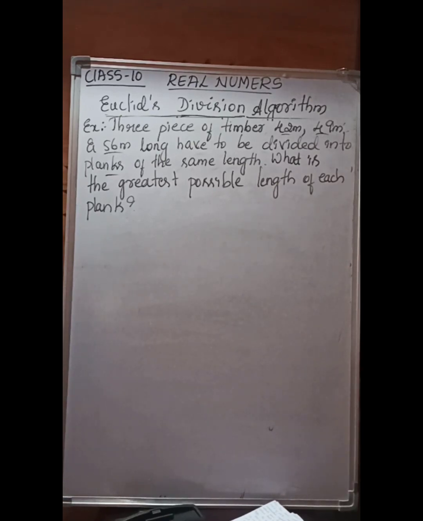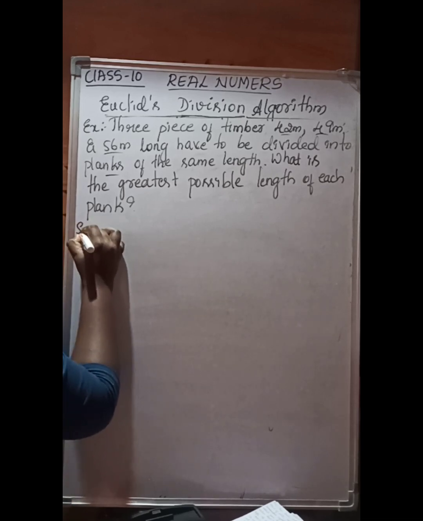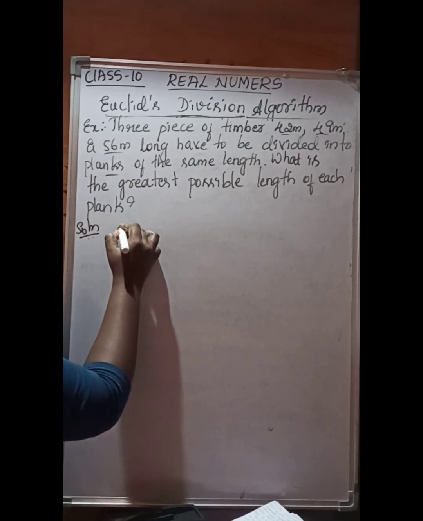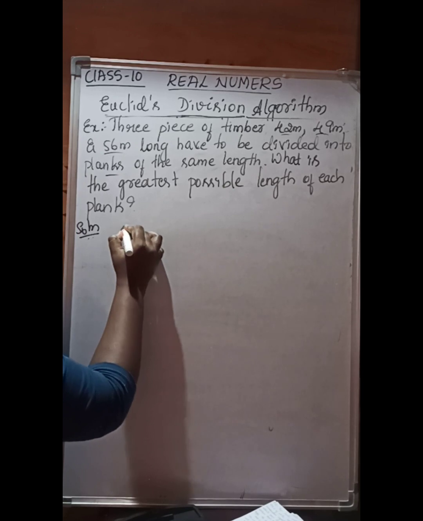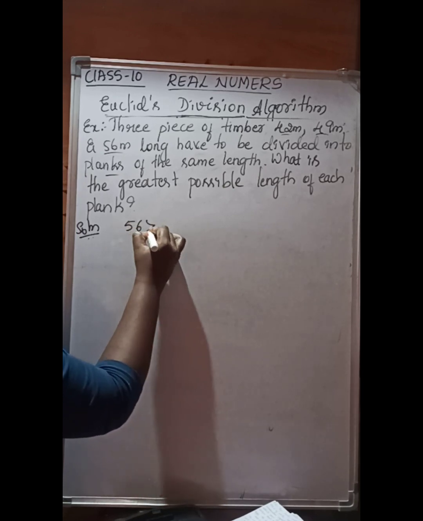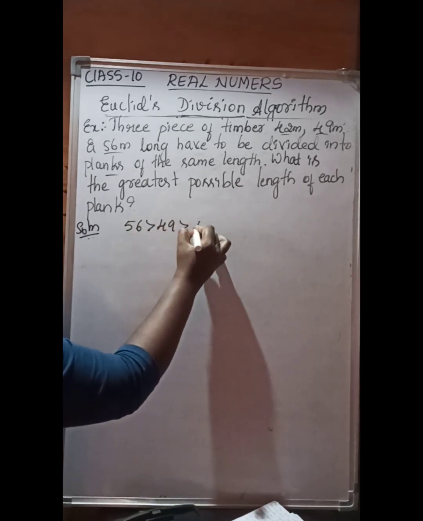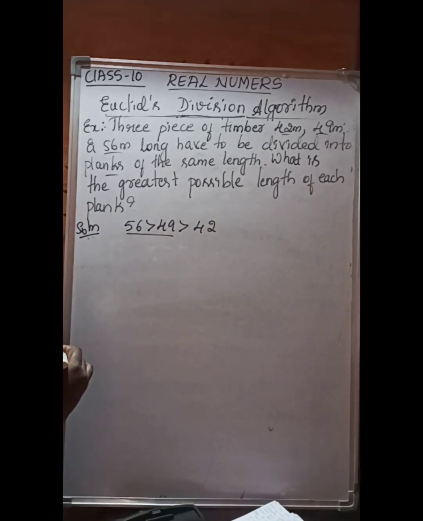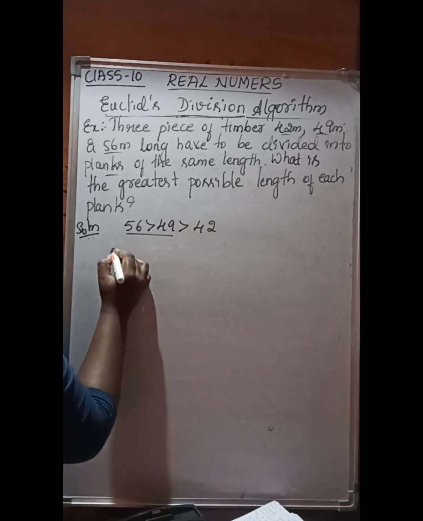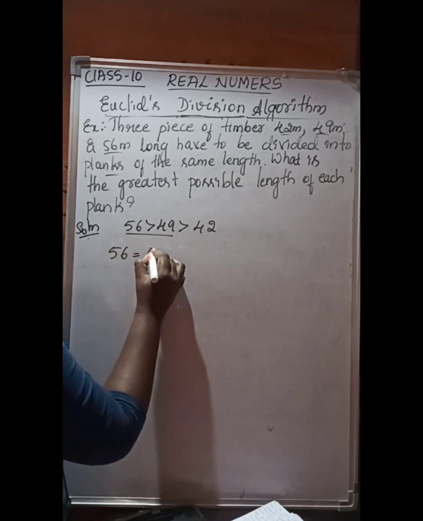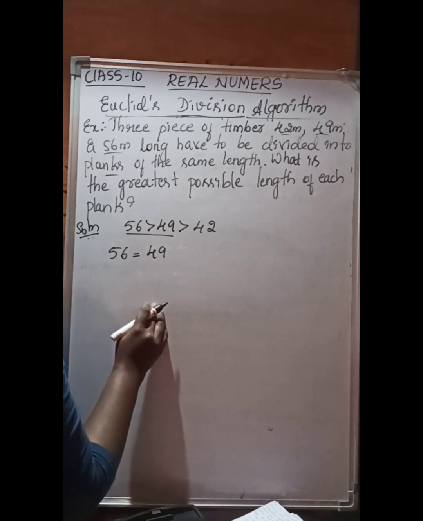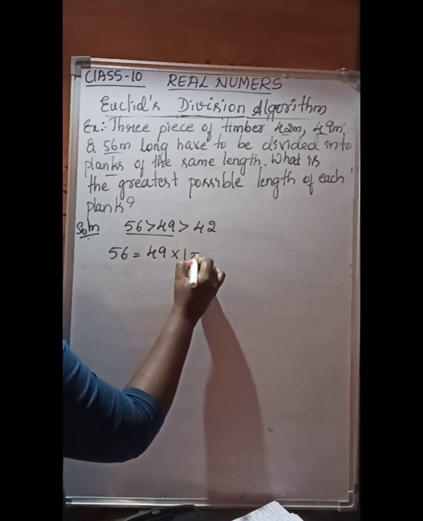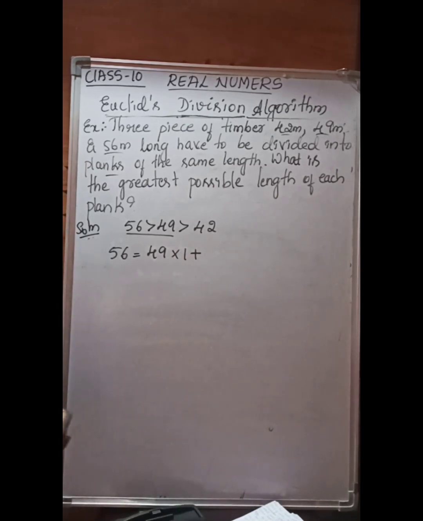So what is the maximum length they can make out of this timber from all three, you have to calculate. Now consider the values they gave: 42, 49, 56. So 56 is greater than 49 and 49 is greater than 42. Now calculate the HCF. Consider 56 as A and 49 as B. So 49 into 1, you can consider.